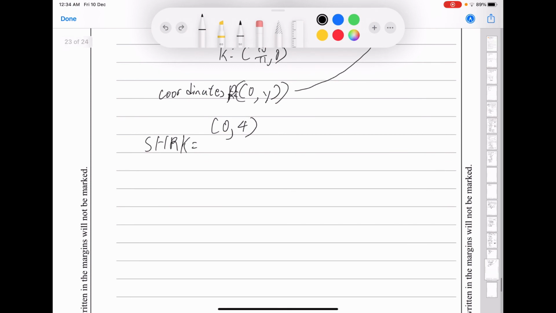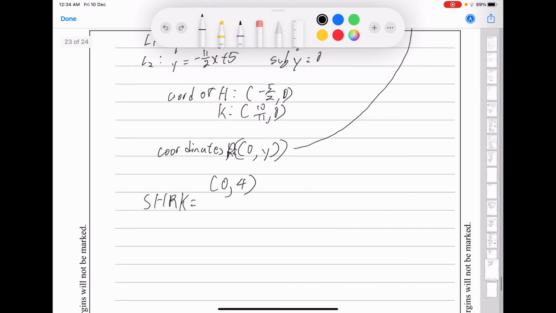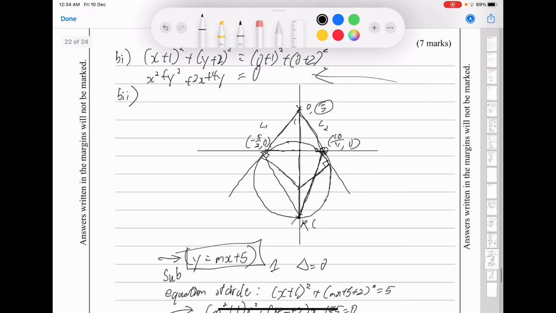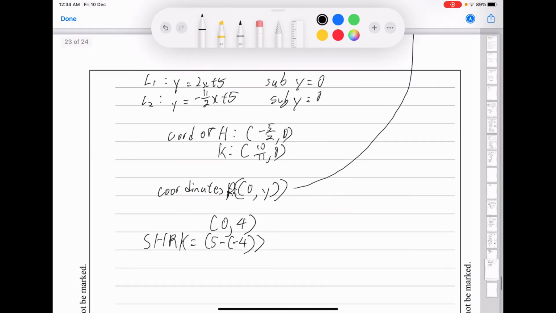Great. So here, 5 minus −4 because it's the height, times 5/2 divided by 2, plus also 5 minus −4 times 10/11 divided by 2.